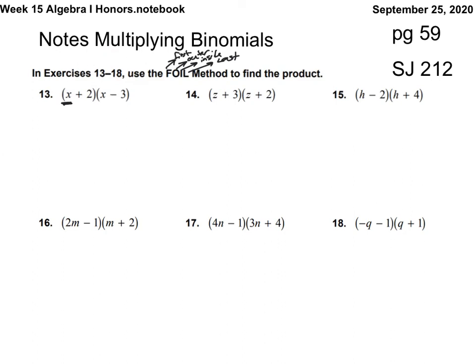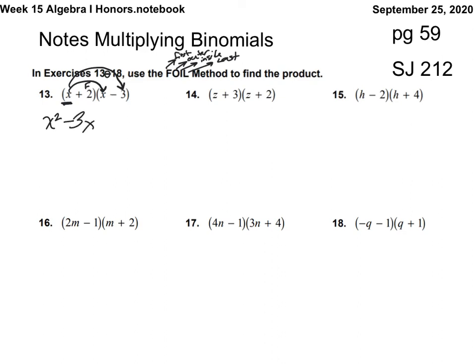All right. Now, let's actually do FOIL. X times x is x squared. If you're doing FOIL, then you have to draw those arrows. You don't have to write the letters, but you have to draw the arrows. That's how you show your work. Outside terms. X times negative 3.